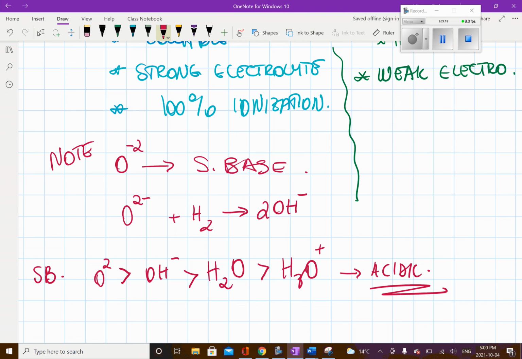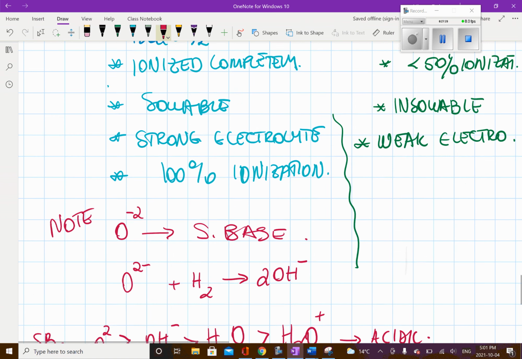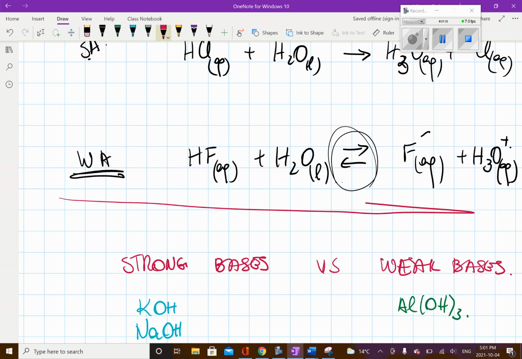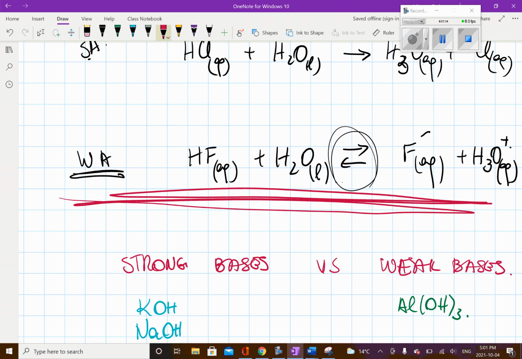Okay, so this is for the table and the difference between strong acid, weak acid, strong base, weak base, and conjugates. Keep in mind that when you are writing a reaction for weak acids, you have to write it as an equilibrium that goes in 2 directions.